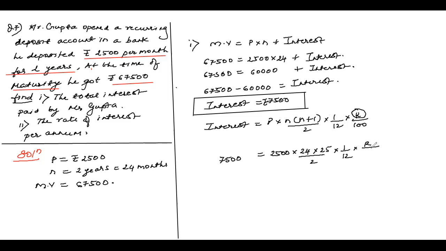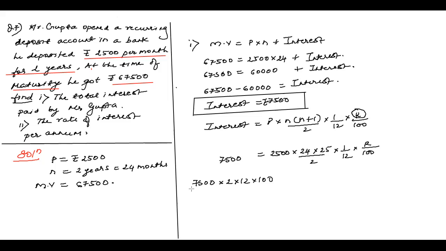You want the value of R, so only R should be on one side. Whatever values are below R go up: into 2, into 12, into 100. Three numbers were down, they go up. And these 3 numbers will come down.